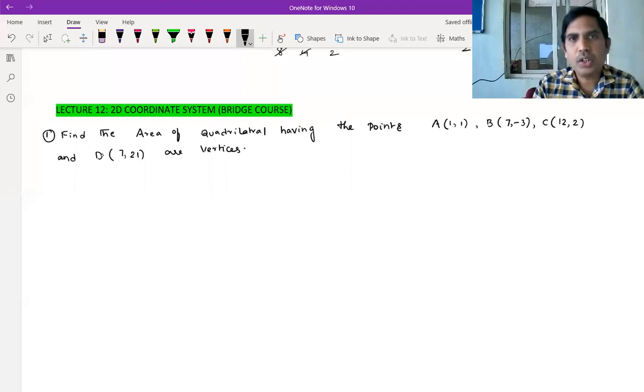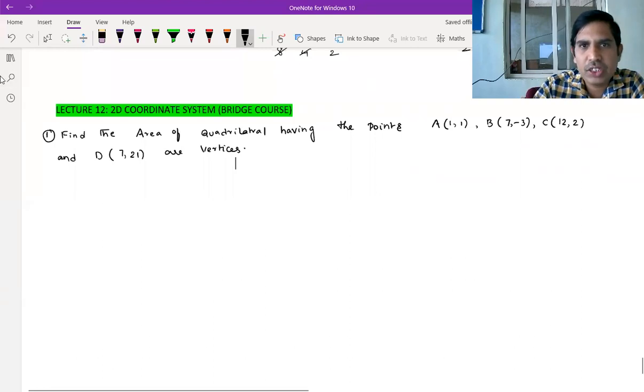If these points are the vertices of that quadrilateral, we have to calculate its area.